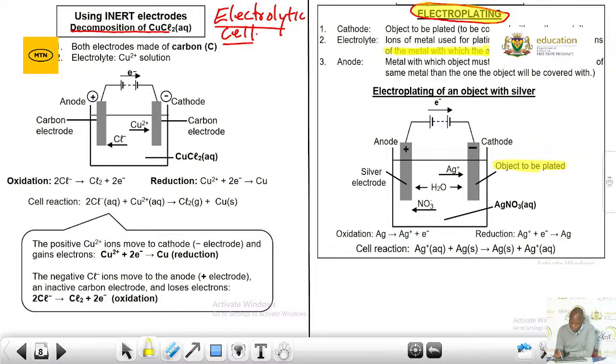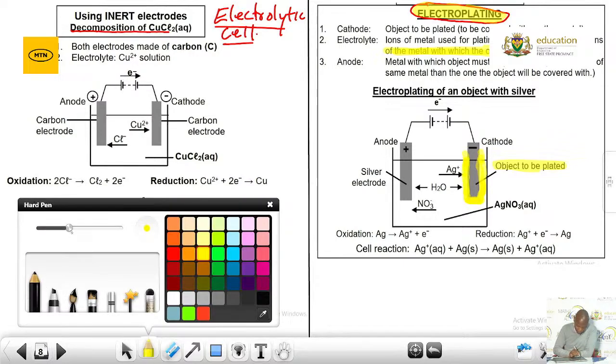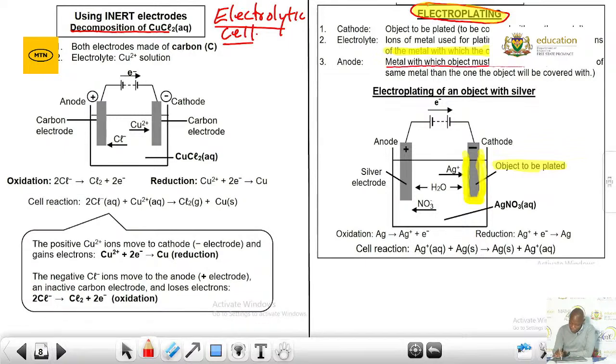So we are going to have our ions being placed on top of the metal, such that we can have a nice coat of a new metal being formed, on our object. And then it says here at the anode, we have a metal which the object must be plated with, an anode made from the same metal that the object will be covered with.